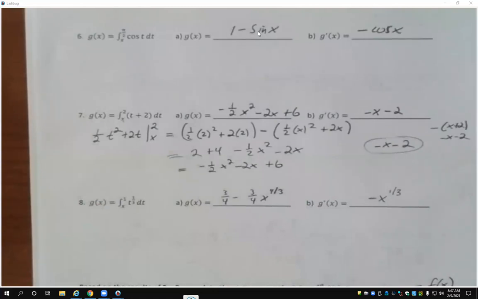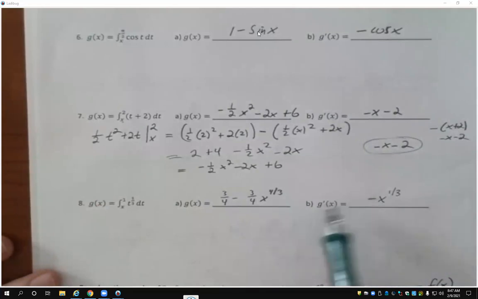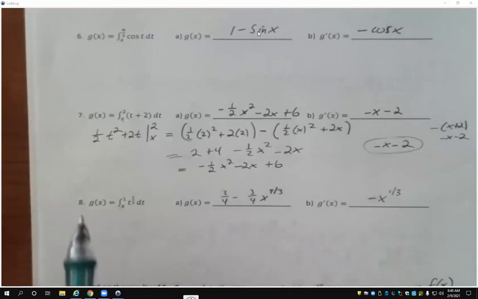Okay. The whole point of this is you realize that when we're getting to this section over here, the derivative part, we're taking the derivative of an antiderivative. And it's kind of like taking the square root of something squared, right? When you take the square root of 5 squared, you just get 5. They kind of cancel each other out.